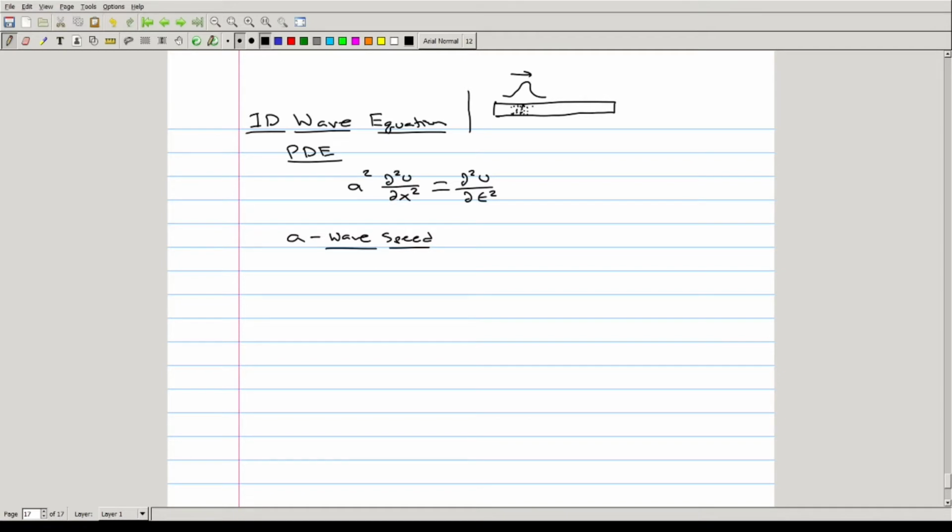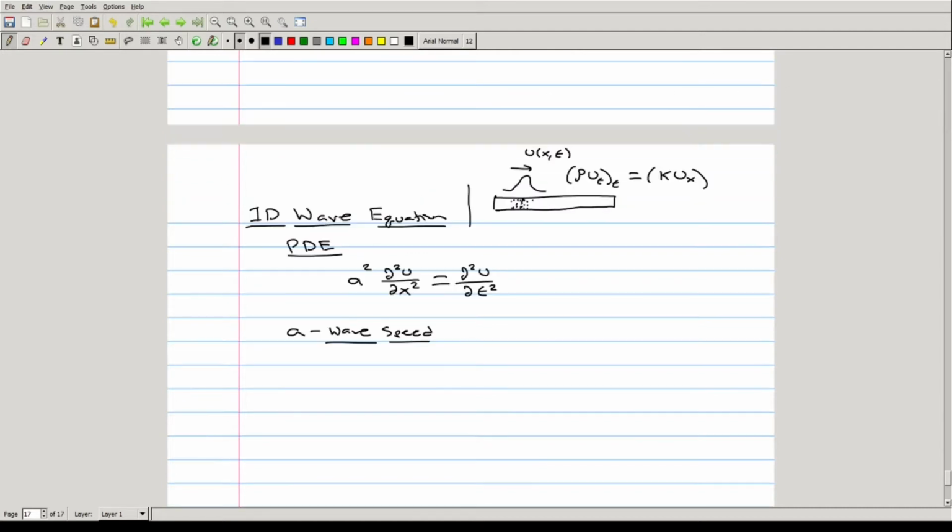And for an elastic wave, there are many contexts where the wave equation is useful, but for an elastic wave, this is equivalent to saying the time derivative of momentum, which is rho times u_t, for a disturbance u of x,t, has to be equal to the spatial derivative of the stress in the bar, which, if rho, the material density, and linear stress constant k are constant, is the same thing as the second derivative with respect to time is equal to k over rho times the second derivative of deformation u.